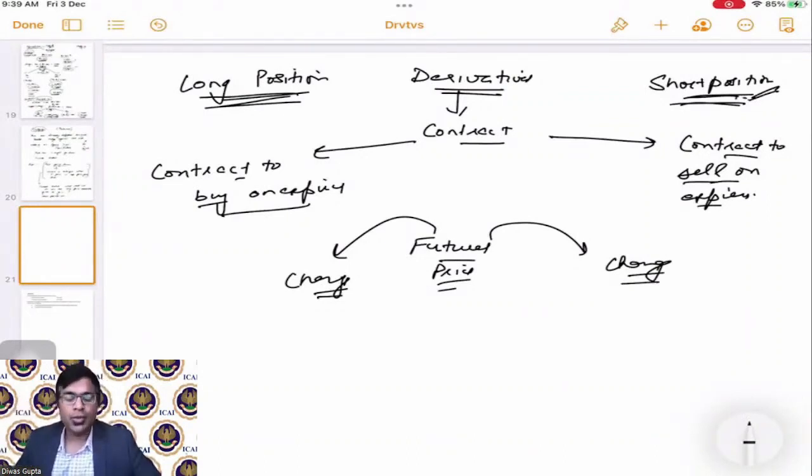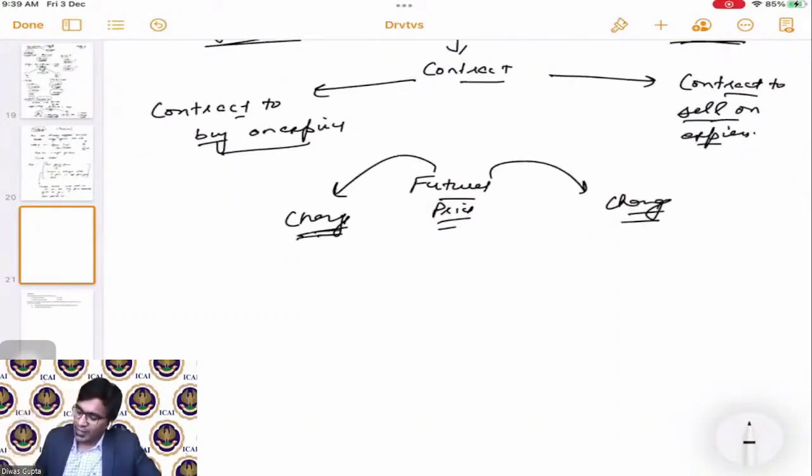He is exposed to a risk in case the price goes up. The short position person will be at risk because if the price goes up, he will be at a loss. Similarly, the long position risk is that he's exposed to the price going down. So both of them have to pay margin, whether he's at a short position or at a long position.